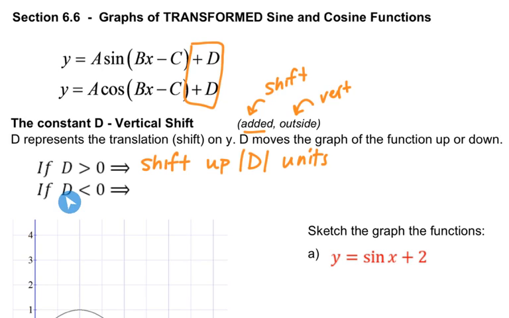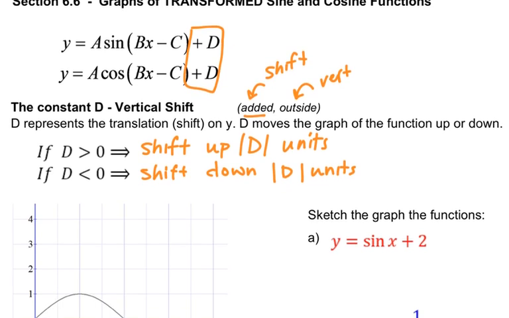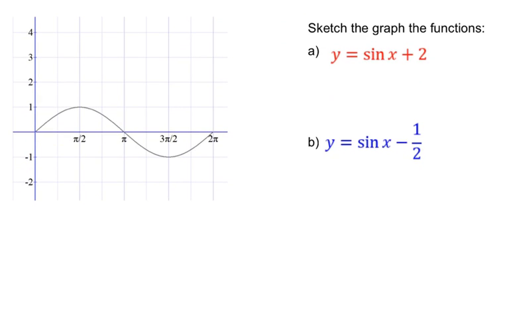And if that D value is less than 0, is saying negative, then we would shift, you guessed it, down whatever that D value is, units. All right? So added on the outside, that's a vertical shift. So let's look at two examples.